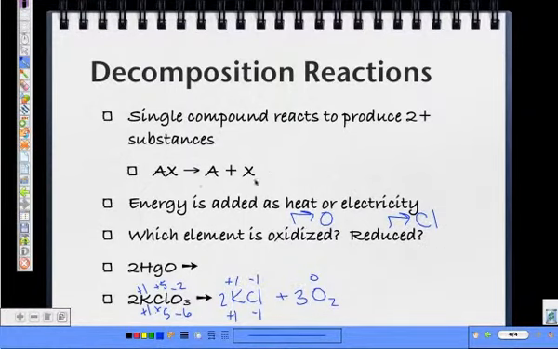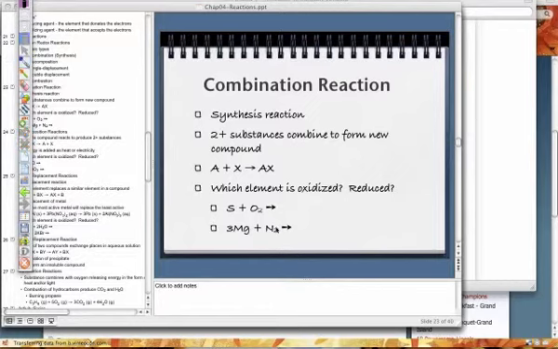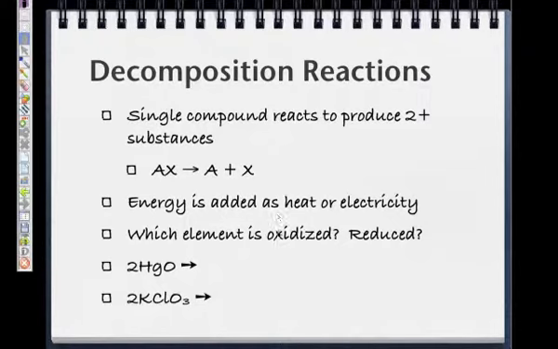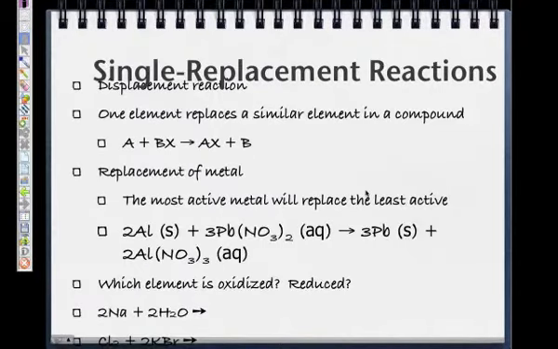Okay, next here. So single replacement reaction, sometimes called single displacement. One element replaces a similar element. The similar element means a cation replaces a cation, or an anion replaces an anion.